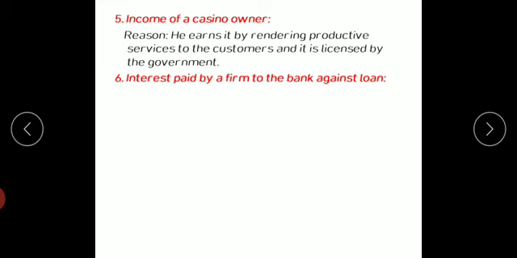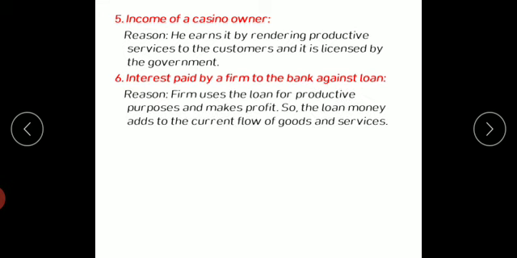So when a firm is taking loan from the bank and he pays some interest, that interest will be included because the interest comes through some productive sources. The firm uses the money for production, and that's why it adds to the current flow of goods and services in the economy, right?